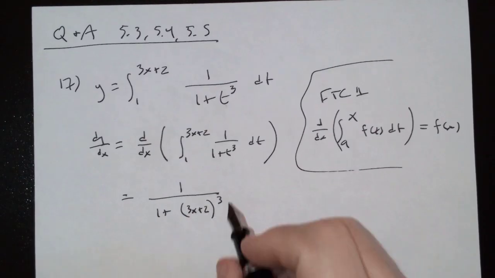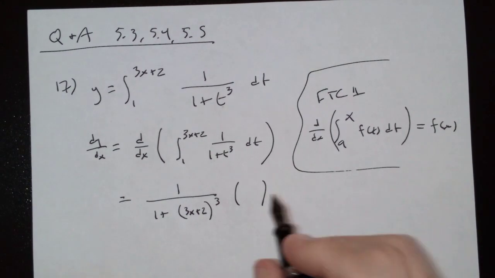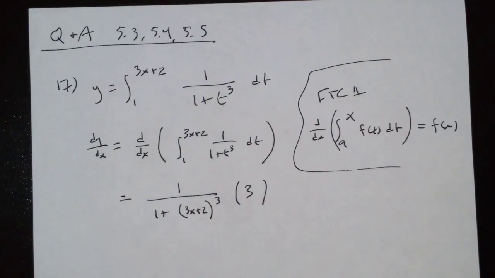And now I hear the chain rule, but wait, there's more. And I multiply by the derivative of the inside. Well, what's the derivative of the inside in this case? And I'm done. Presto.